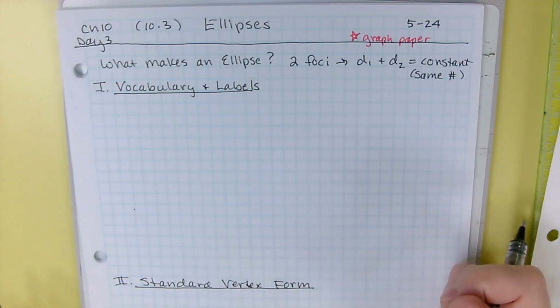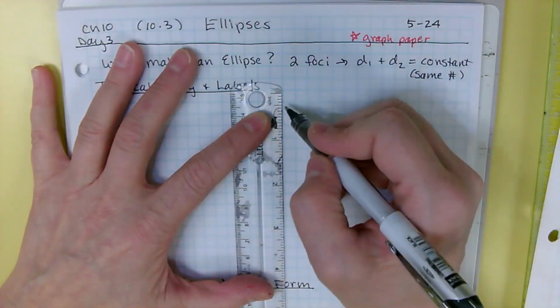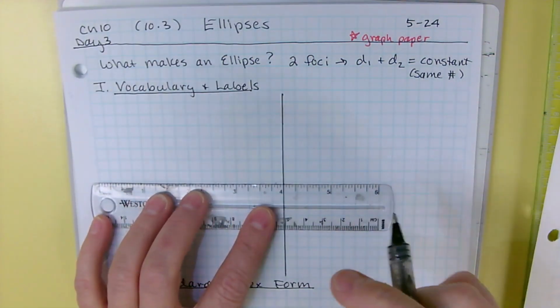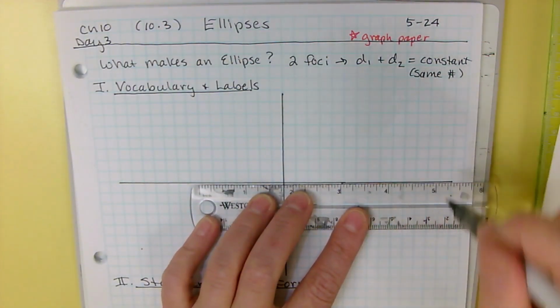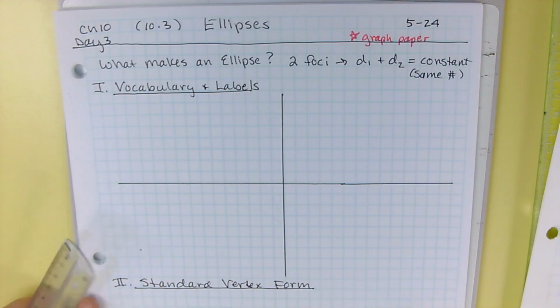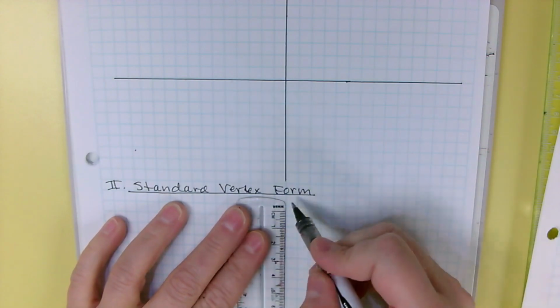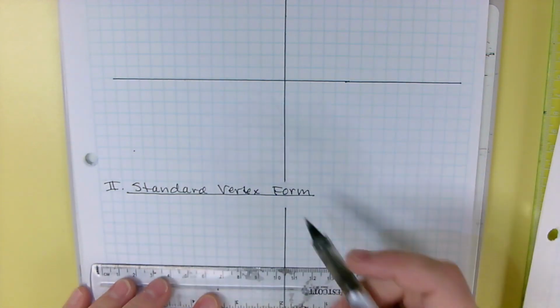On the top part in the vocabulary and labels section, draw yourself a big axis that fills the space. In the bottom part, we're actually going to do a chart. So put a line down the middle and then count about 5 spaces down and make the cross piece.